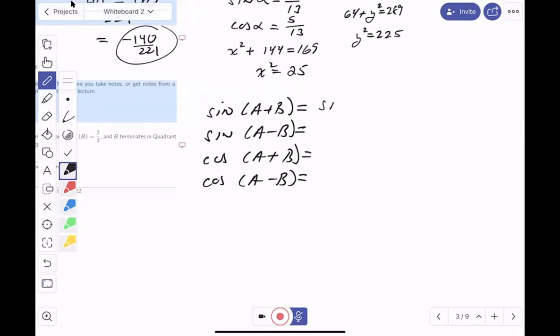It's going to be sine A cosine B plus, I'll push this over a little bit. Sorry about that.